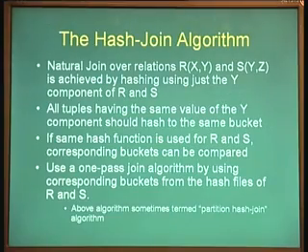The last technique in hashing that we are going to see is what is called the hash join algorithm. This is perhaps the most widely used technique for performing natural joins because of its simplicity and efficiency.